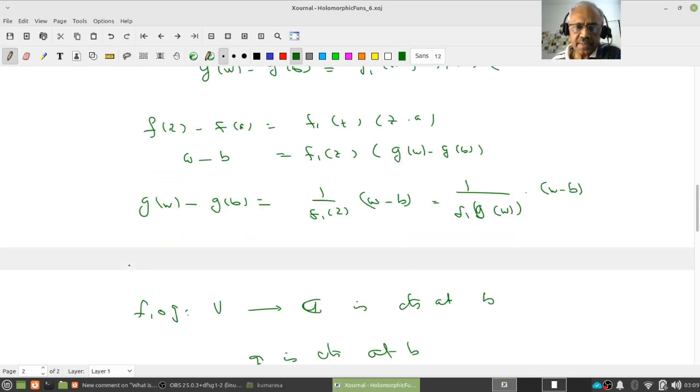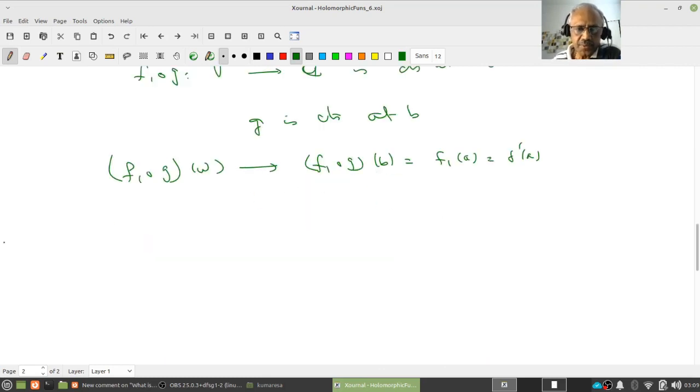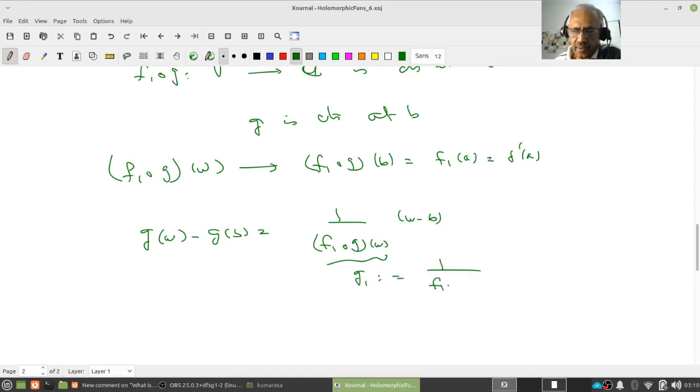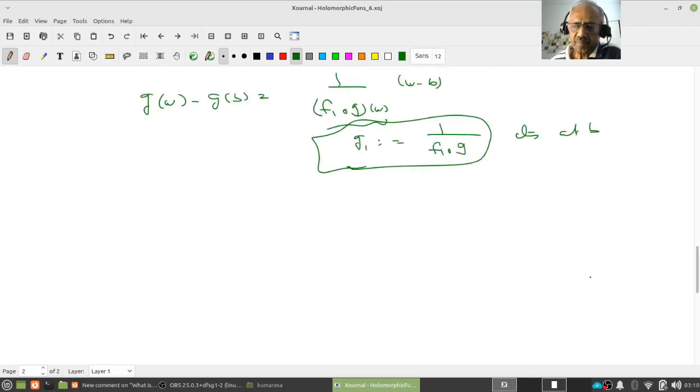Therefore what I have got? So plugging in, if I write g of w minus g of b to be 1 by f1 composite g of w minus b, then this is my g1. g1 is 1 by f1 composite g, right, and this is continuous at b, right?